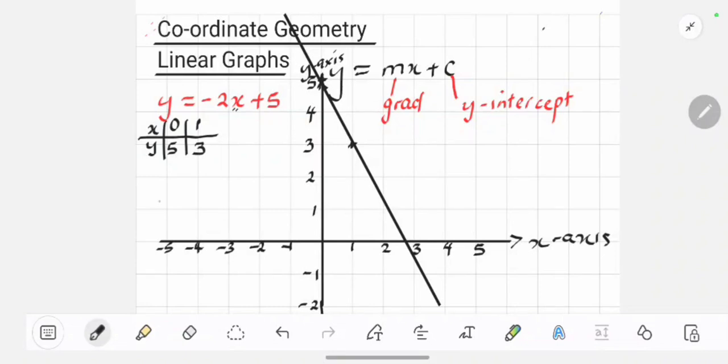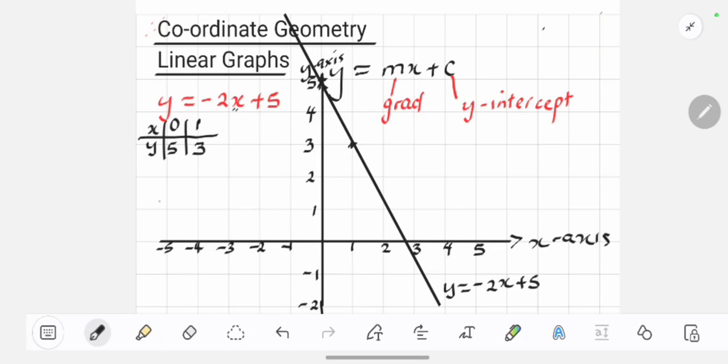So this line is the line of y equal to minus 2x plus 5. So I label the line. So in this case, this is how we draw the lines, straight lines. We need to have two pairs of coordinates, then we are able to draw a straight line.